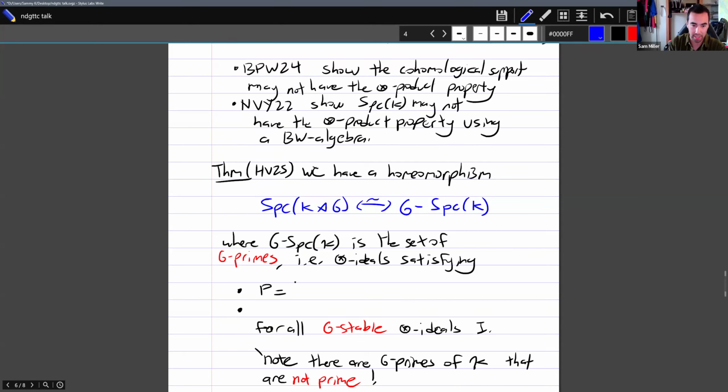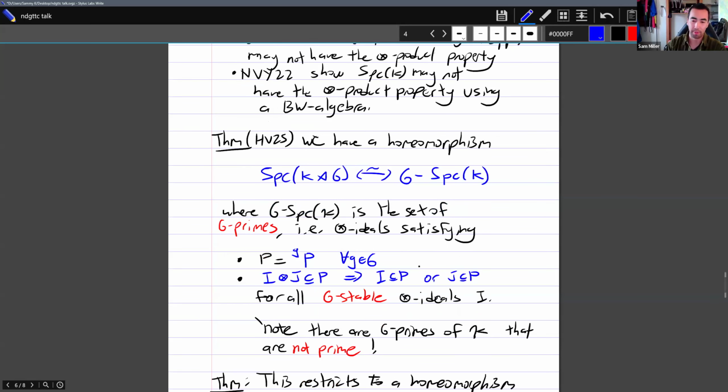So they're thick tensor ideals that are G stable. And moreover, we have an inclusion I tensor J in P with its usual primeness condition: I is in P, or J is in P, for all G stable tensor ideals, that is, invariant under G conjugation.